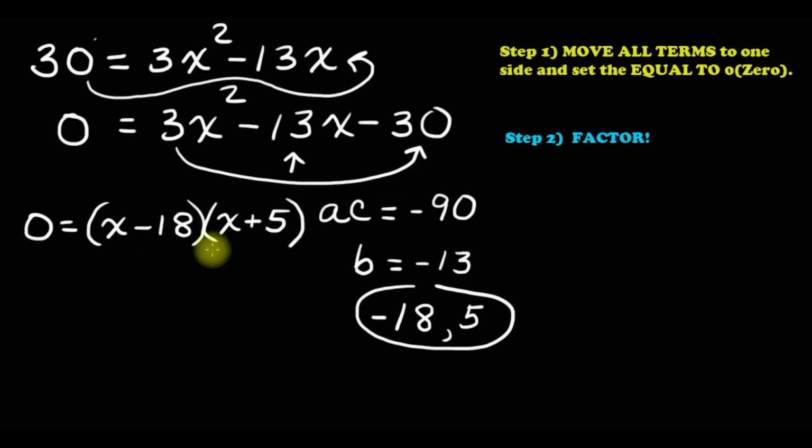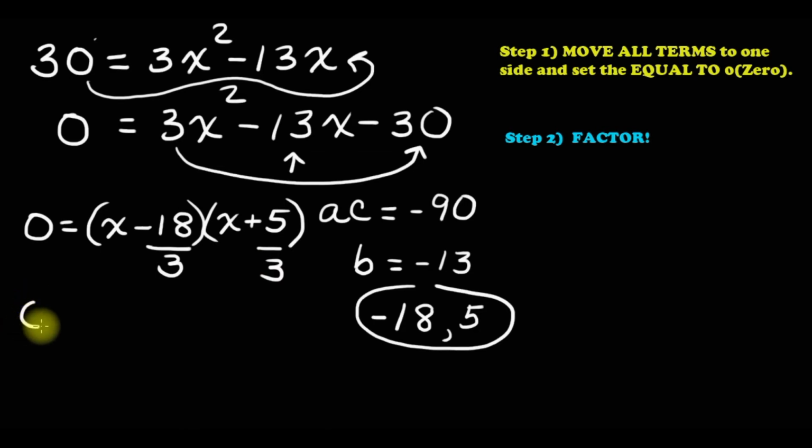We have x minus 18 because of the negative 18, and x plus 5 because of the positive 5. After you do that, you are going to divide these numbers, because here we multiplied by 3 to make this come out to x squared. So we do the opposite. We divide by 3 to get it back. So we divide this by 3, and we divide this by 3.